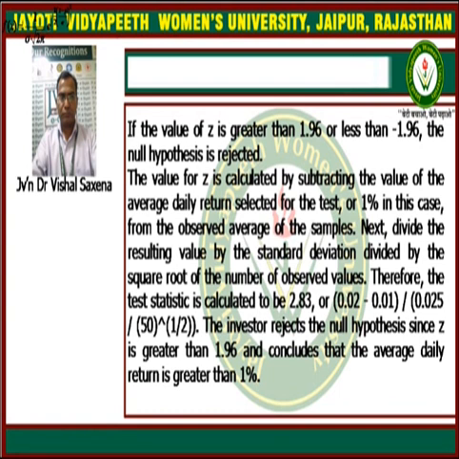Therefore, the test statistic is calculated to be 2.83, or (0.02 minus 0.01) upon (0.025 upon 50 to the power half). The investor rejects the null hypothesis since Z is greater than 1.96 and concludes that the average daily return is greater than 1%.